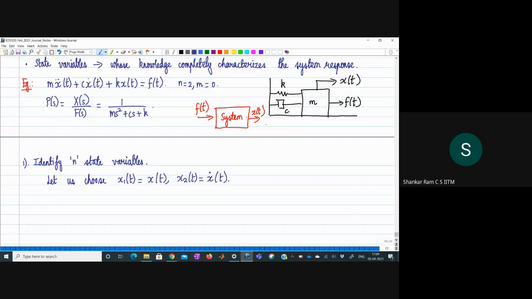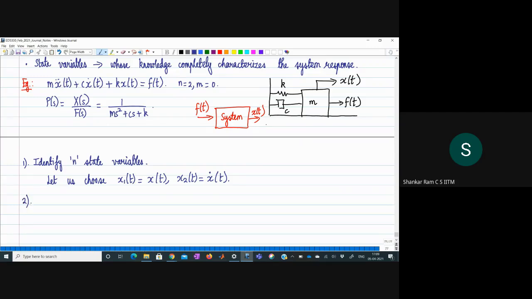It is just a sheer coincidence that the symbol x is also used for denoting displacement in this example. But in general, the character x with a subscript is used for denoting a state variable. So we choose position or displacement and speed as the two state variables in this particular case.